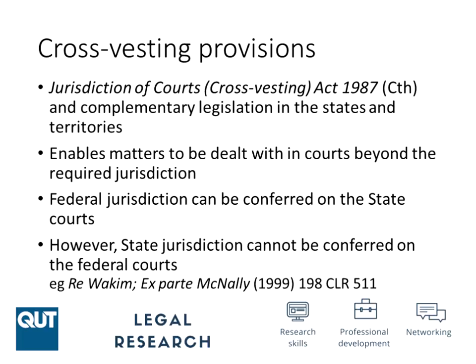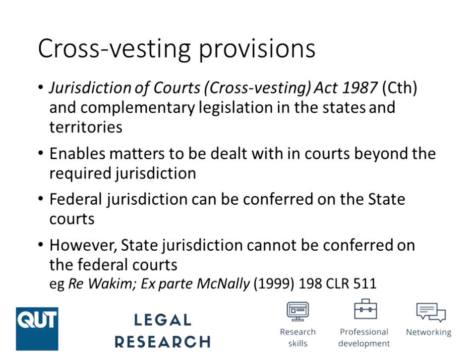Now there are things called cross-vesting provisions as well. There's a Commonwealth Act, the Jurisdiction of Courts (Cross-vesting) Act 1987, and some complementary legislation in the different states and territories. This allows matters to be dealt with in courts beyond the required jurisdiction, but in a one-way direction.